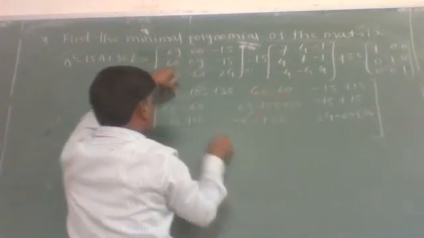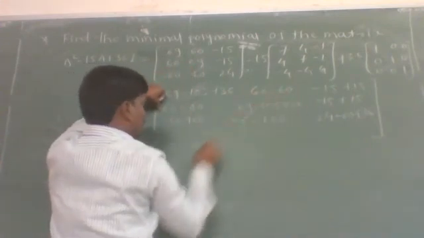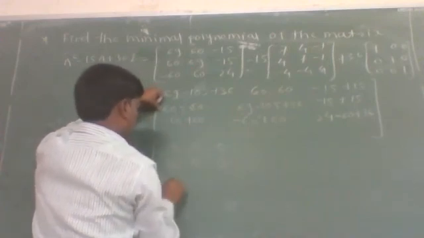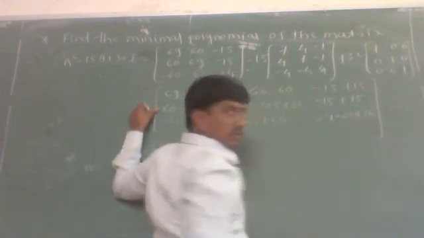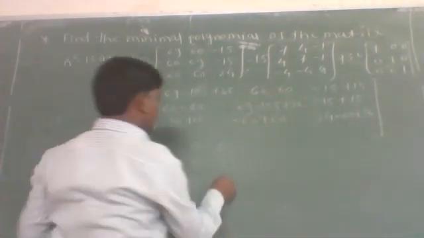Minus 15 plus 15, 0. 60 minus 60, 0, which is again 0. Minus 60 plus 60, 0. 24 plus 36, 60, 60 minus 60, again 0.